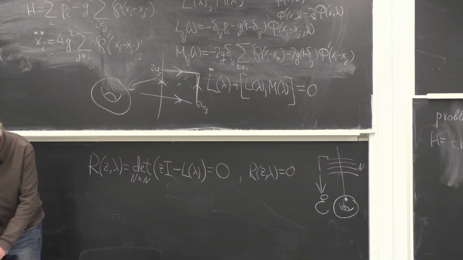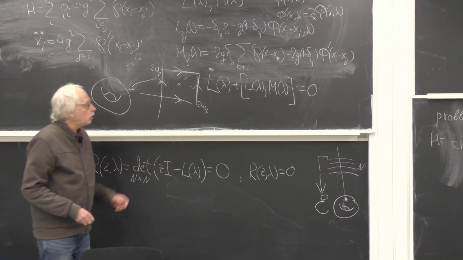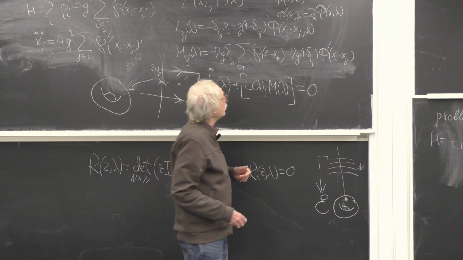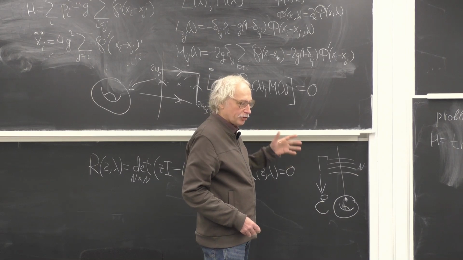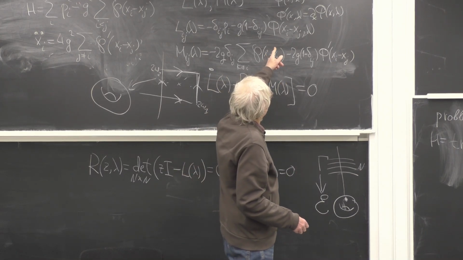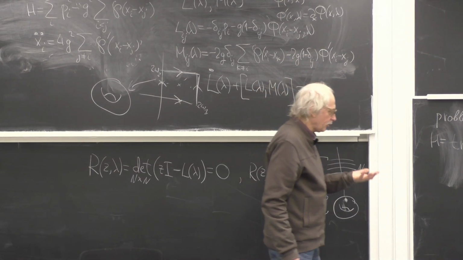Now let us investigate in some more detail the properties of the spectral curve. The Lax matrix has an essential singularity at lambda equals 0, because you remember this function contains a zeta function in the exponent.